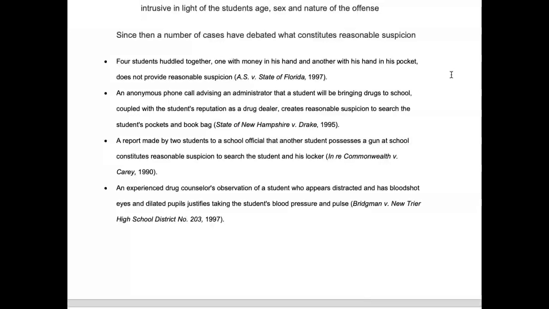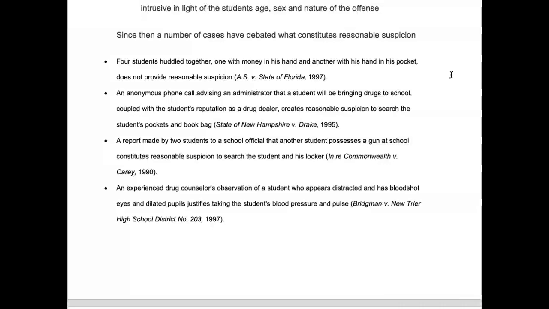An anonymous phone call. That does work, especially since you look at the student's reputation. So I used anonymous phone calls when I wanted to search somebody. Your history is not supposed to dictate your future.